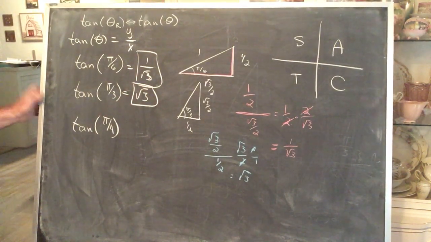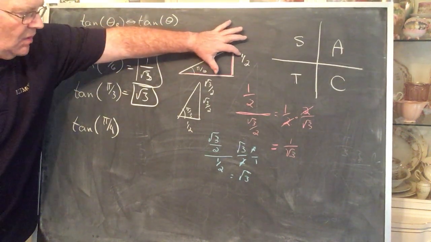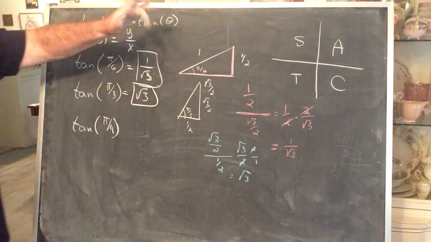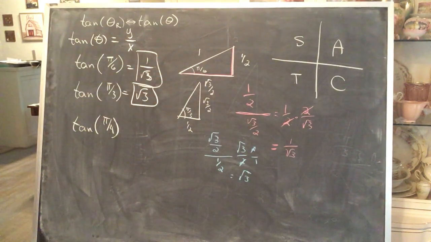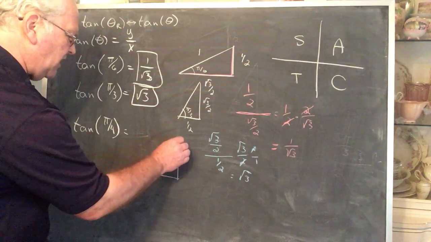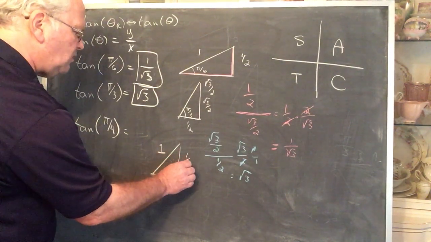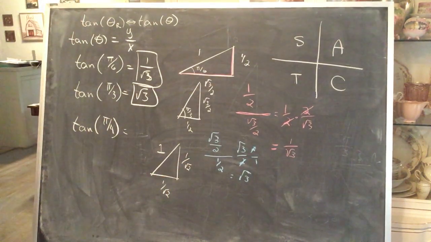Do you see that happening? You may ignore the denominators. Tangent for pi over 6 is vertical divided by horizontal. That's 1 over radical 3 because we ignore denominators. Tangent for pi over 3 is radical 3 over 1 because we ignore denominators. And then tangent of pi over 4, the same kind of thing happens. Except now this is the triangle. Remember, this is our modified triangle. This is 1 over radical 2, this is 1 over radical 2, but the same thing occurs.